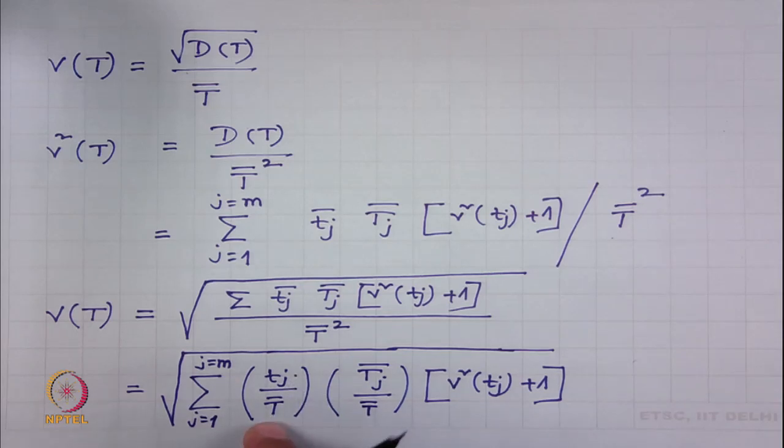This is the mean fineness of the double sliver. This is the fineness of jth sliver. This is the mean fineness of double sliver. This is the square of CV of fiber fineness of jth sliver plus 1.